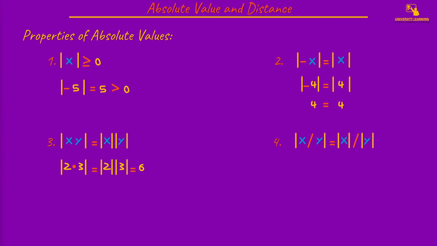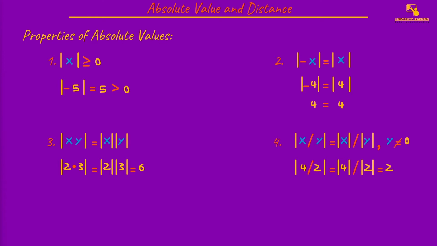There is no problem as long as y is not equal to 0, because it is in the denominator. So if you have an example like this, the absolute value of 4 divided by 2, you can distribute the absolute value among these numbers. So it will be the absolute value of 4 divided by the absolute value of 2, which is equal to number 2.